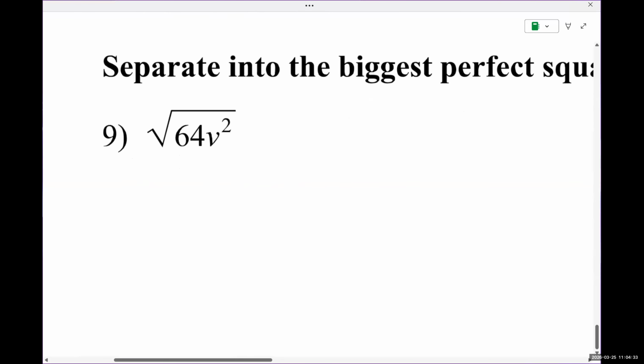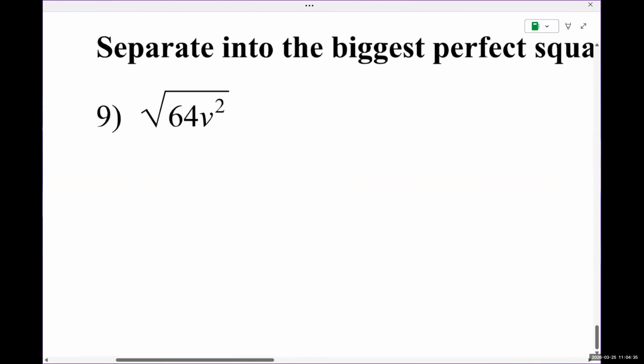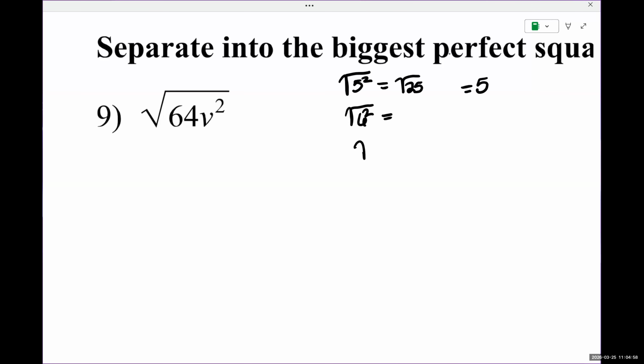Okay, we're going to take the square root. Now, what is the square root of 5 squared? Yeah, that is the square root of 25, which is 5. Everyone agree? What is the square root of 6 squared?